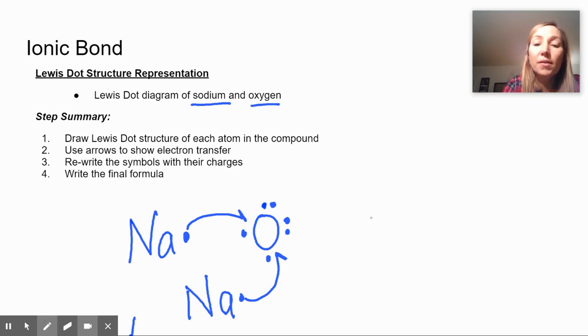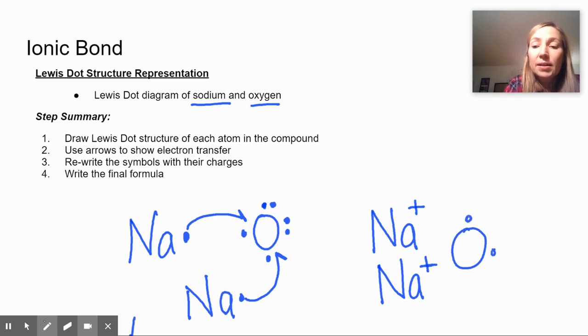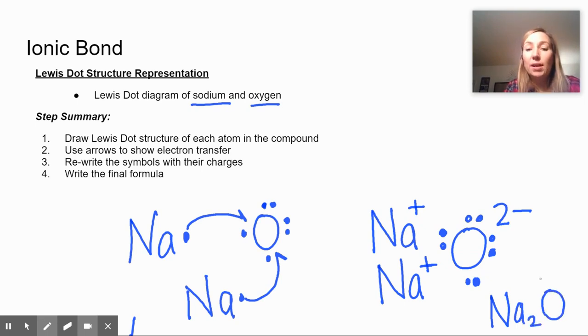So in our final compound, each Na is positively charged because each sodium loses an electron, and the oxygen atom started off with 6 valence electrons, but it got 1 from each sodium, and now it has a charge of 2 minus. And the final formula is going to be that we have 2 sodium atoms for every 1 oxygen atom, or Na2O.